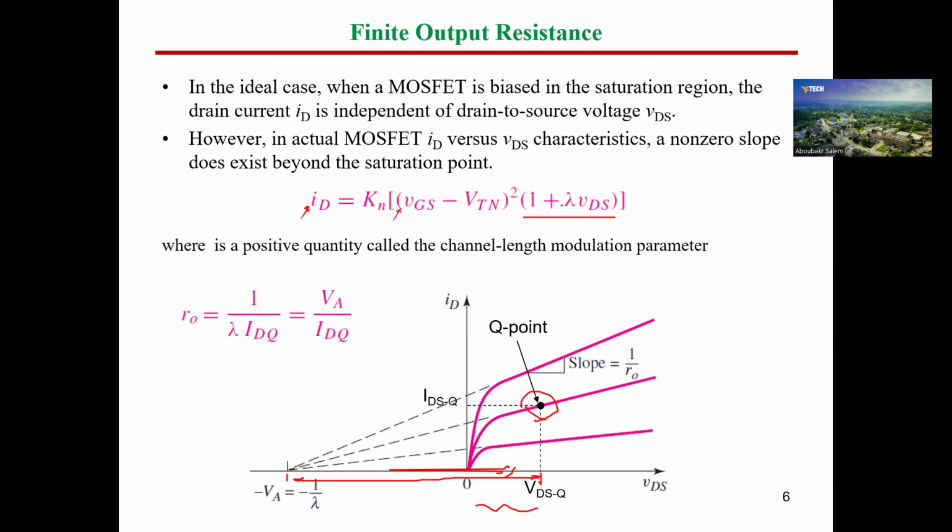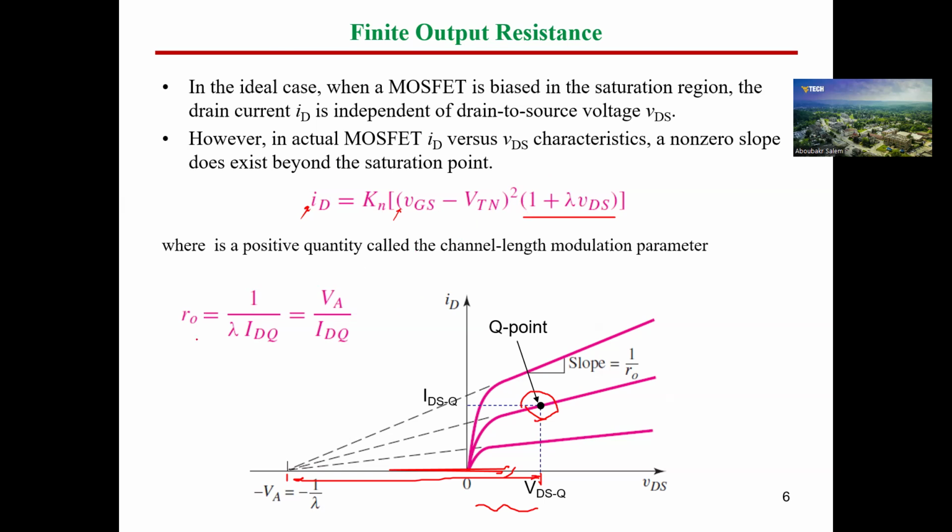So in this case, the value of lambda will be considered, and we mentioned that lambda is going to be a very small value. So if you neglect lambda VDS, the relation will be multiplied by 1, which is our equations we discussed recently.